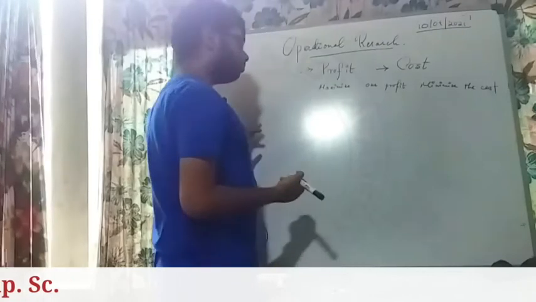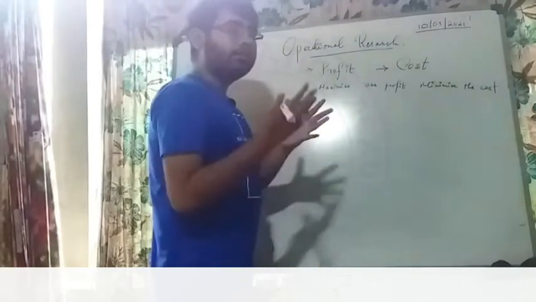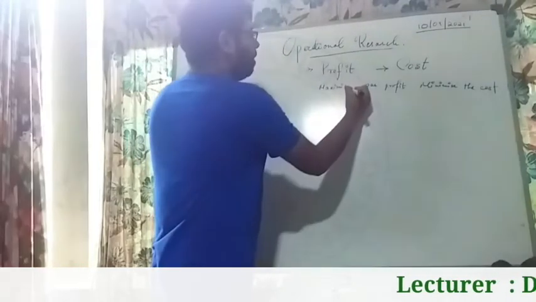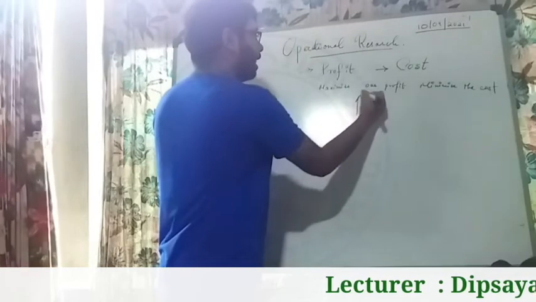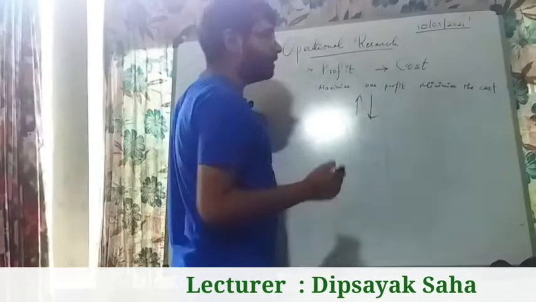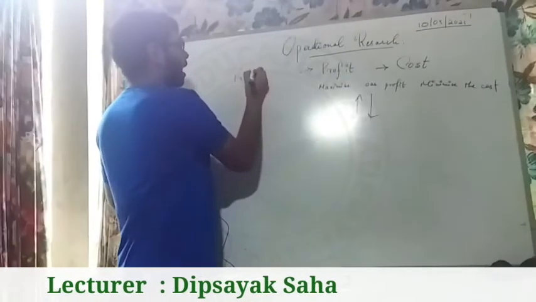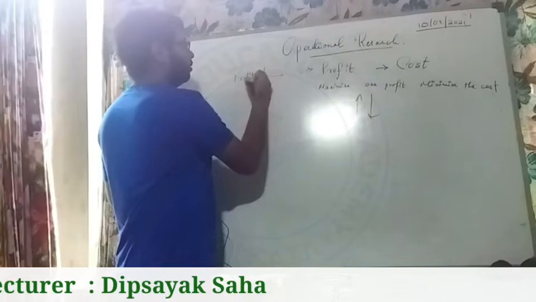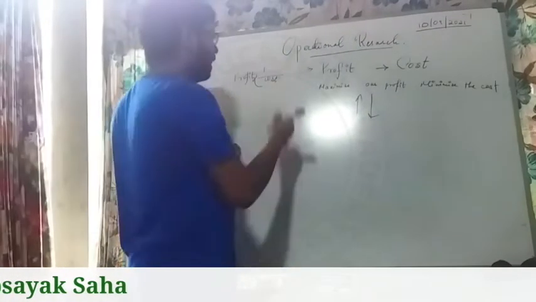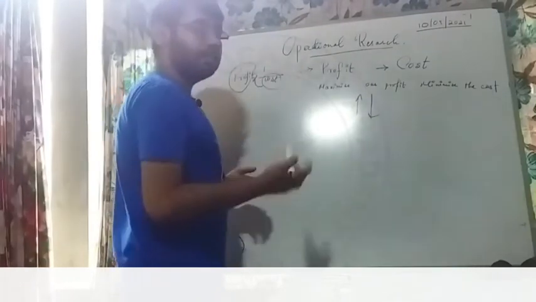So we have to do some mathematical work, some mathematical approach, so that we can maximize our profit and minimize our cost. From this relation you can say that profit and cost are inversely proportional, means as profit increases, cost will decrease and vice versa.